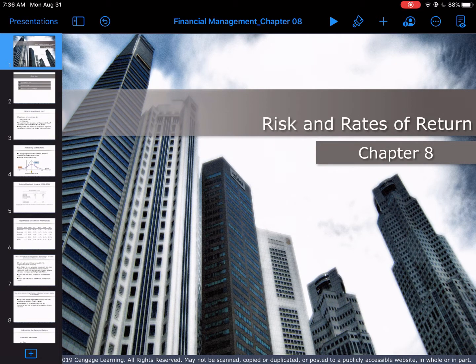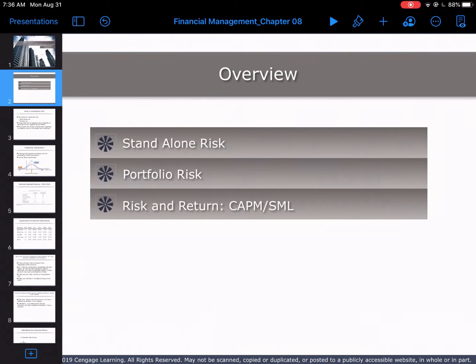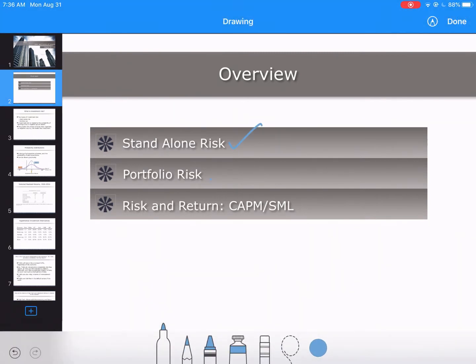So this chapter has given the first Nobel Prize for the finance discipline. We will talk about standalone risk, then portfolio risk, and most importantly, a concrete relationship between risk and return through CAPM.